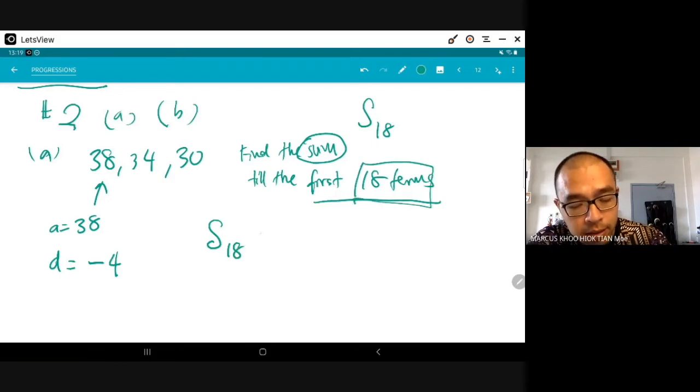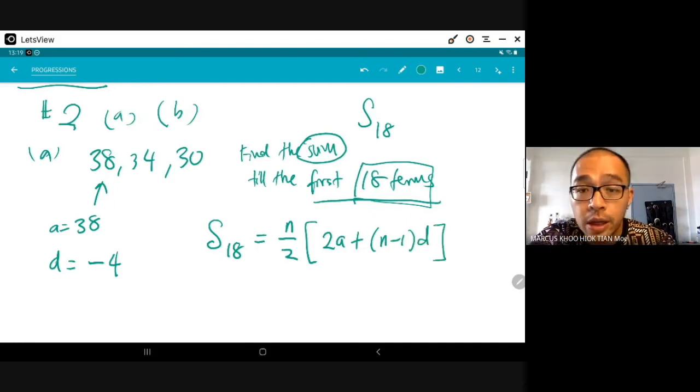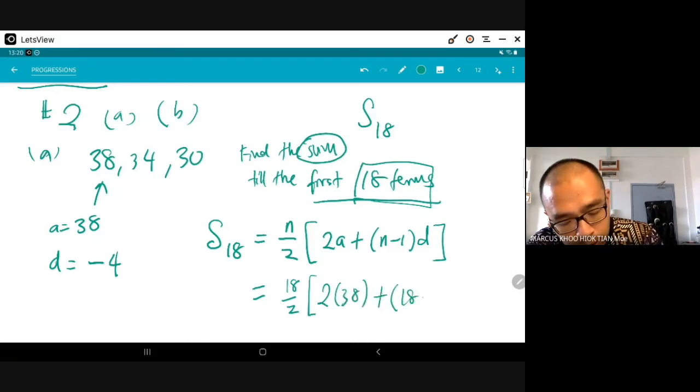Okay, S18. Let me write the formula for you again. N over 2 times 2A plus N minus 1 D. Okay, cuba dulu. Make sure you calculate properly, guys. Okay. Let me just double check. N is 18, right? 18 over 2 times 2 times 38 plus 18 minus 1 times negative 4.